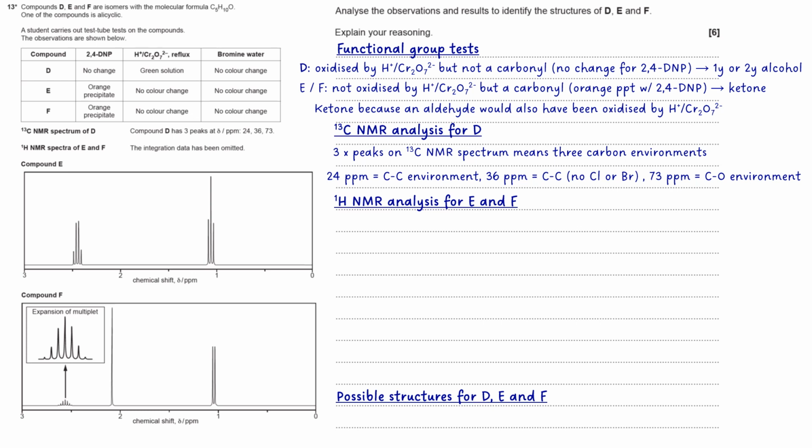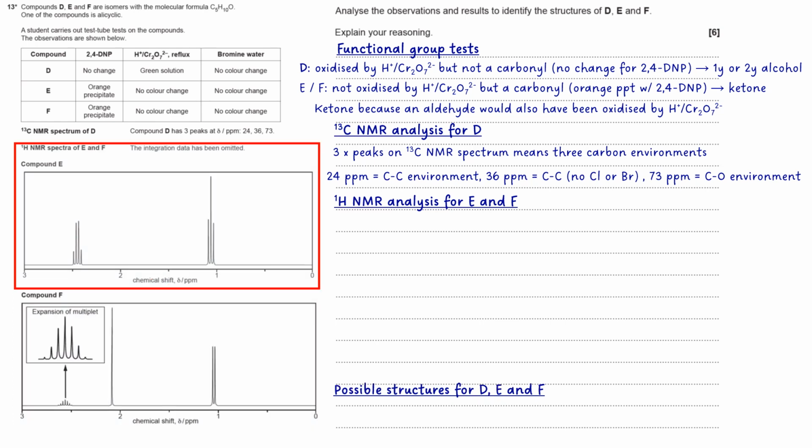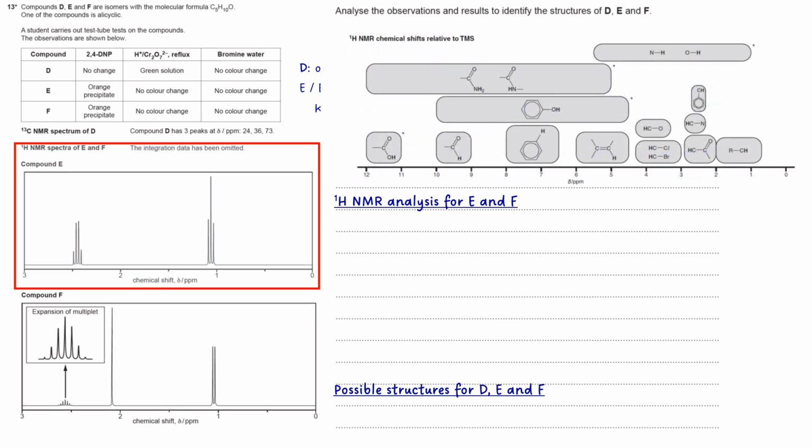The next part is to have a look at the hydrogen NMR analysis for E and F. I'm going to use the table method for this. There's no integration trace or relative peak area information, so the analysis will rely entirely on the environments that are actually present. Let's start with E first of all, and let's put the data sheet for hydrogen NMR chemical shifts.